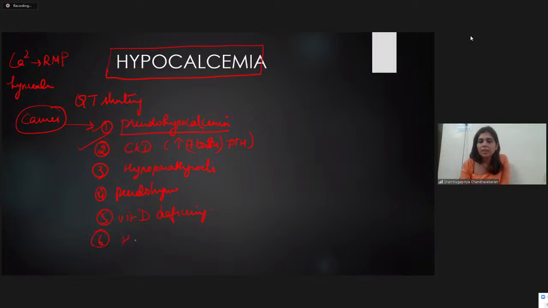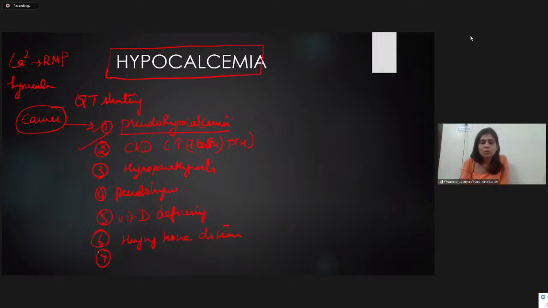And then hungry bone disease. What is hungry bone disease? Suppose a person had been suffering from hyperparathyroidism, maybe due to parathyroid hyperplasia, and parathyroidectomy has been done. What happens? So long there has been bone resorption. Now there is no stimulus for bone resorption, so all calcium goes and gets deposited on the bone. That causes hypocalcemia. That's called hungry bone disease, which happens following treatment of hyperparathyroidism.